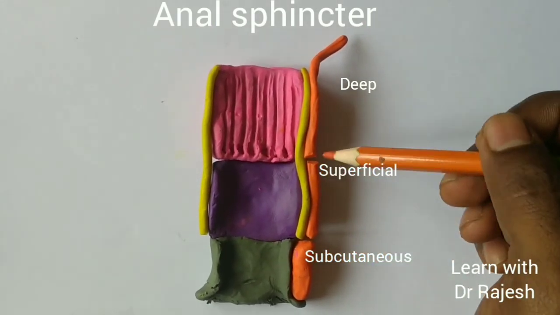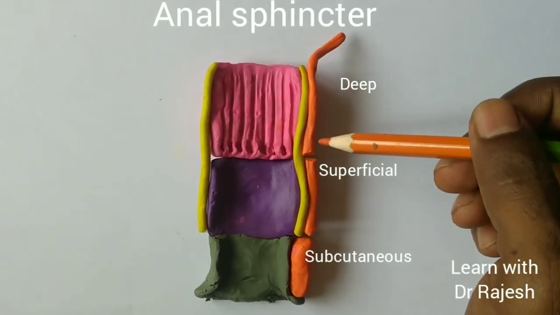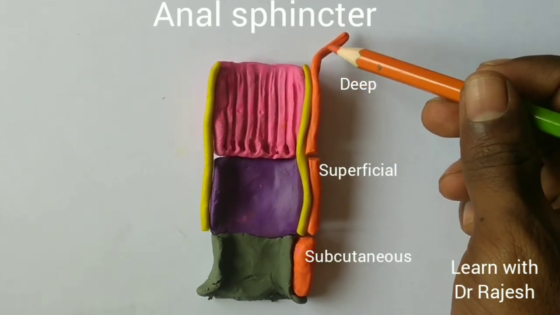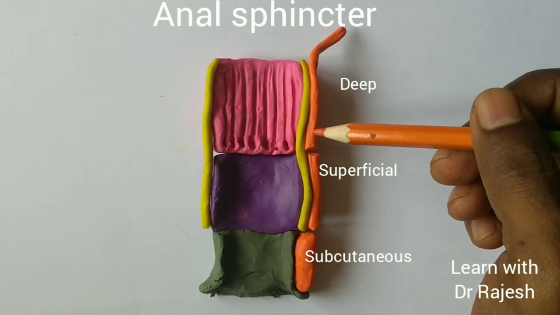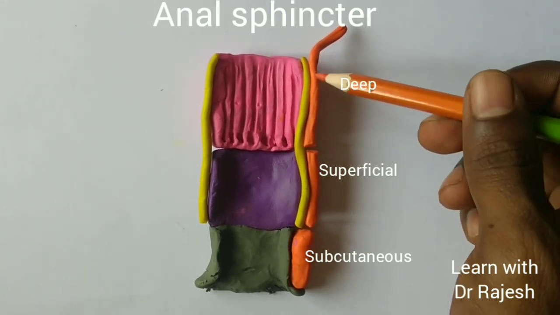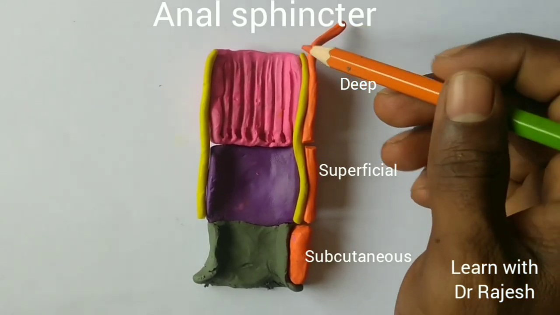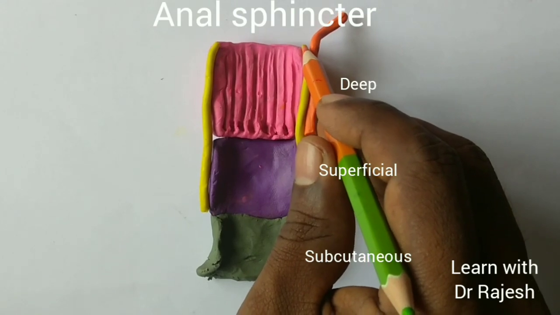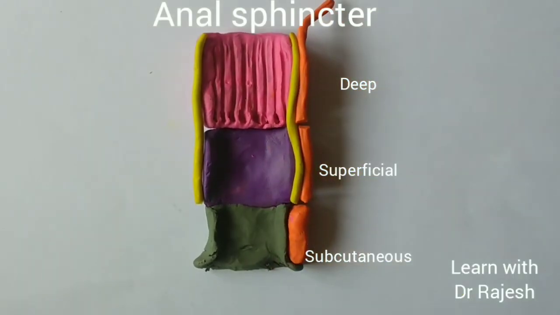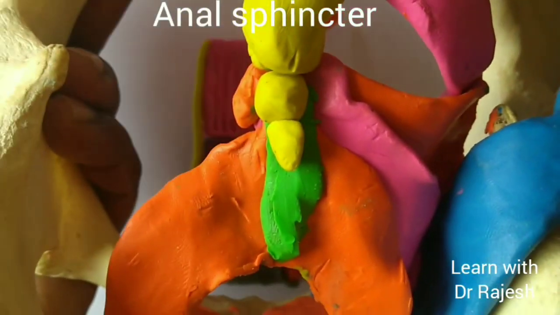Then the upper part, the beginning 15 millimeter of the anal canal, is surrounded by the deep part of the external anal sphincter. We can see this deep part and the internal anal sphincter at the beginning merging with the levator ani muscle, that is the puborectalis.